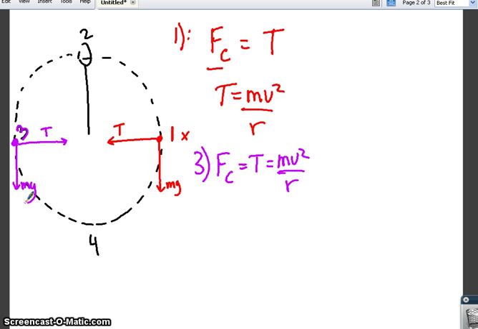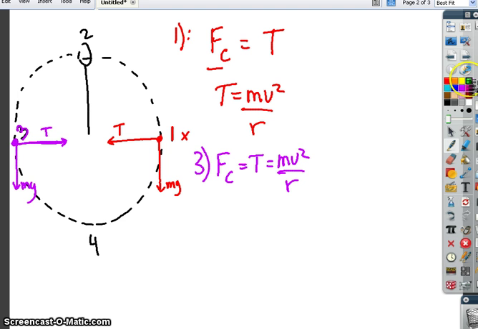Gravity does not play any sort of role in centripetal force, because it is in the y direction, tension is in the x direction. We know that we don't combine x and y vectors. We look at one or the other, and then we may combine them some other time, but in this case, tension is the only thing contributing to centripetal force. Okay? So I hope that's good. We got that out of the way.